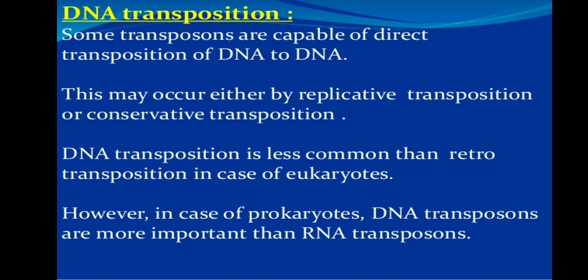This may occur either by replicative transposition or conservative transposition. DNA transposition is less common than retrotransposition in eukaryotes. However, in prokaryotes, DNA transposons are more important than RNA transposons.